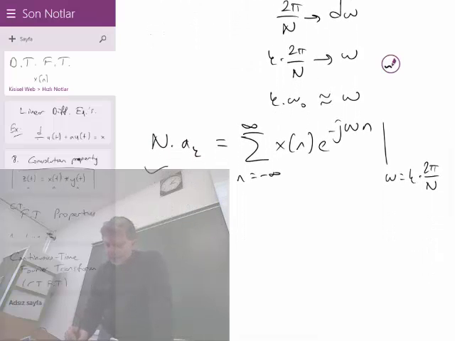And the whole expression will correspond to the Fourier transform, which will have a representation X of omega. It's not in terms of discrete k anymore, but in the continuum case X of omega, which is the Fourier transform of a discrete sequence x of n.